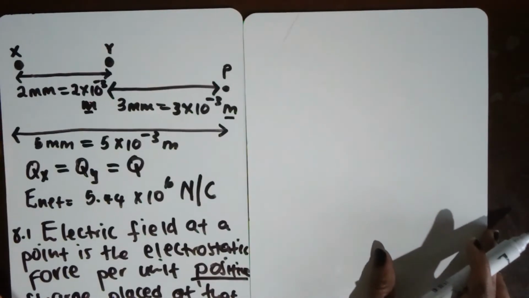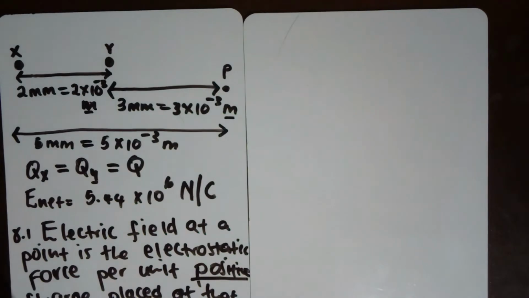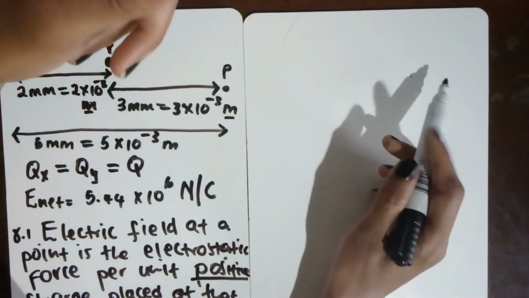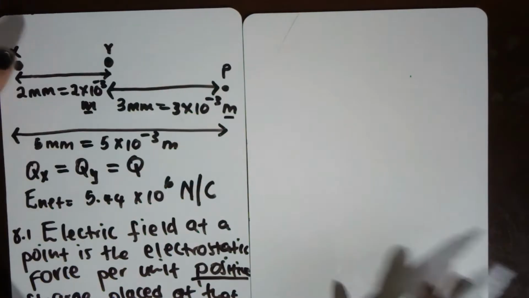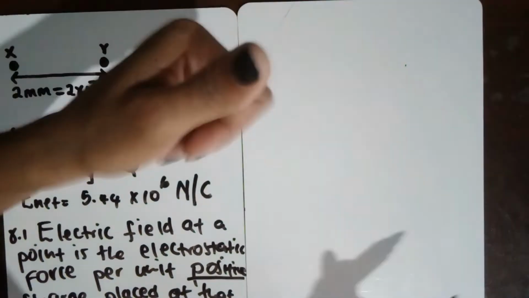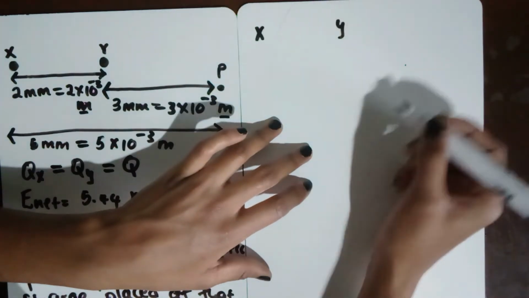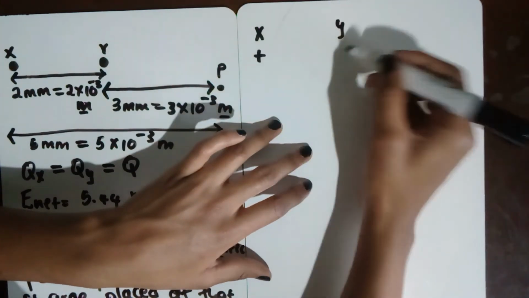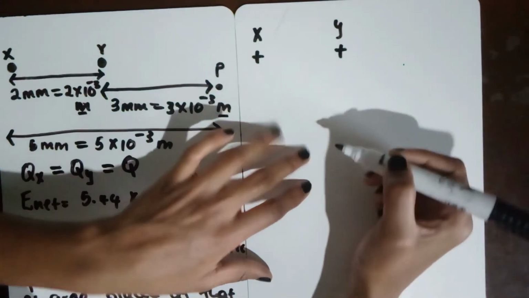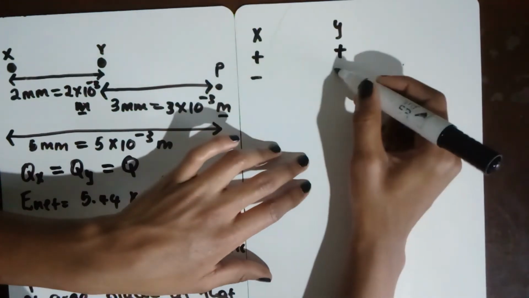So now question 8.2 was asking: are those two charges, X and Y, both positive or both negative? How do we go about answering that? Think about it. We know that X and Y are identical, so they can either both be positively charged or both be negatively charged, right?